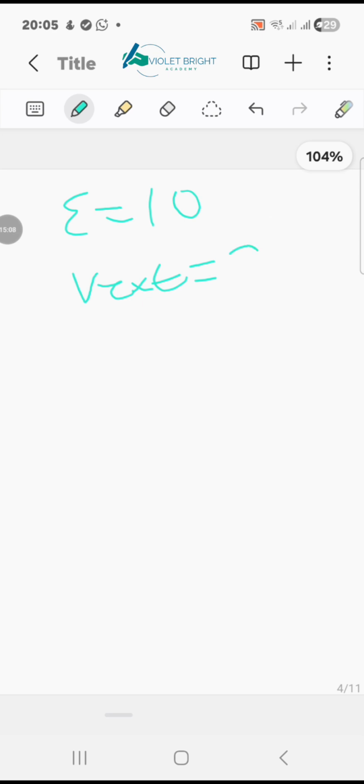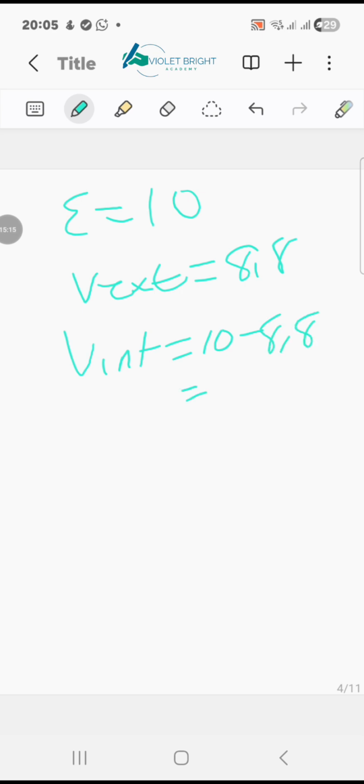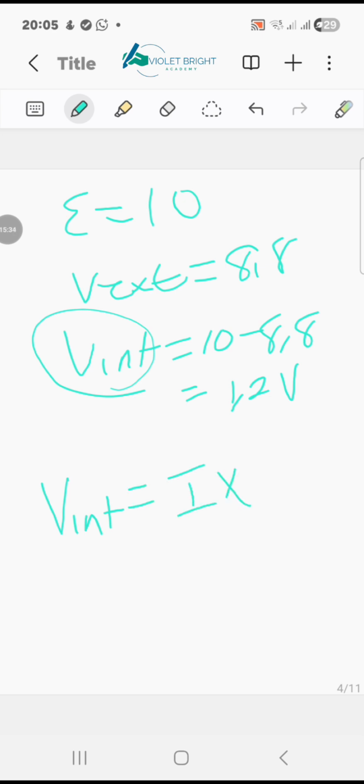It's 8.8, which means that the V internal is 10 minus 8.8, which is 1.2 volts. Now we know that to find the V internal, it's I multiplied by r.